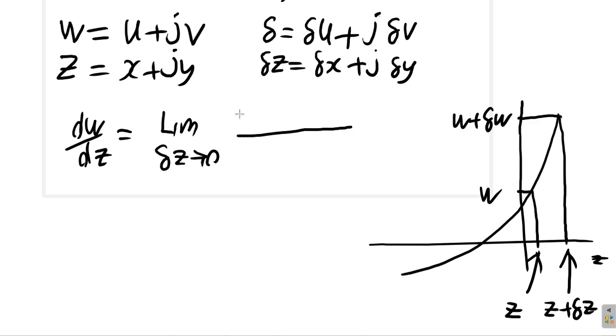So our rise in this case is W plus a change in W up here minus down here, so minus W. Alright? Over the run, which would be Z plus a change in Z minus Z. So you see that?